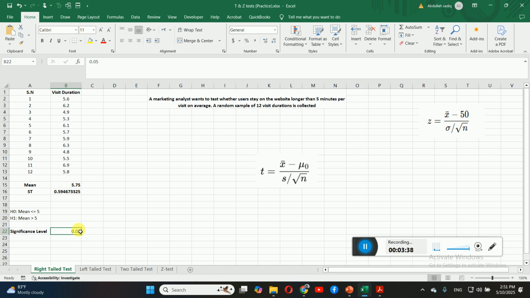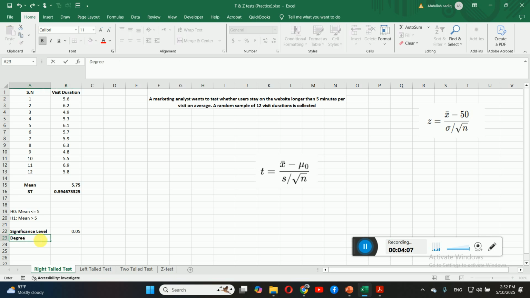We can only reject the null hypothesis if our T statistic value is above the confidence interval around the H naught value, around the 5. It means we want to be more than 95% sure in order to reject the null hypothesis. So if the confidence level is 95%, the significance level, which we also call alpha, is 0.05.